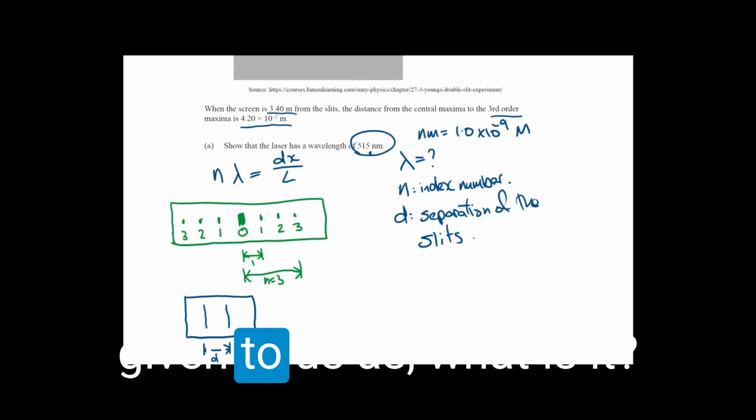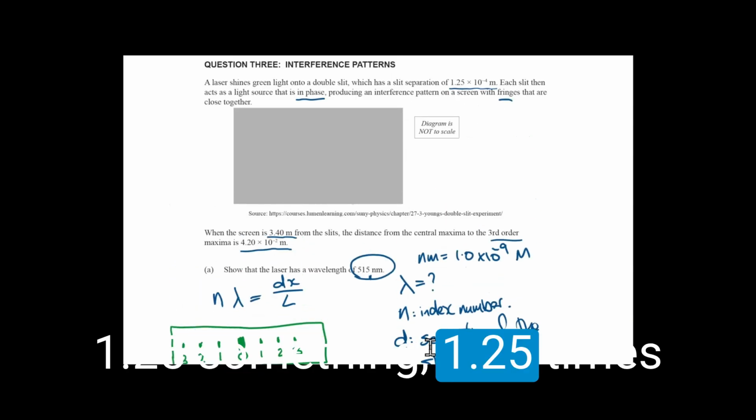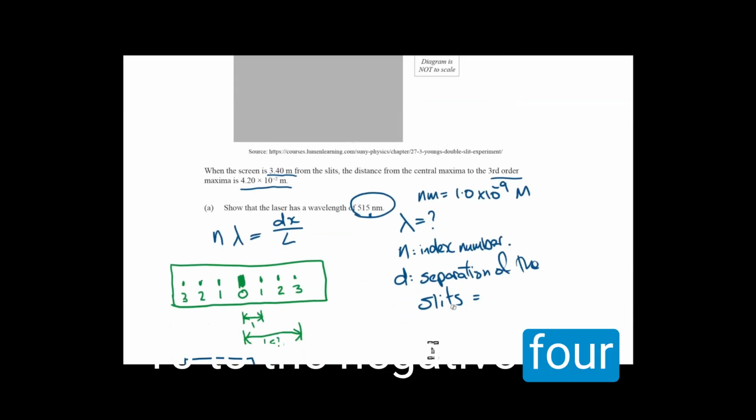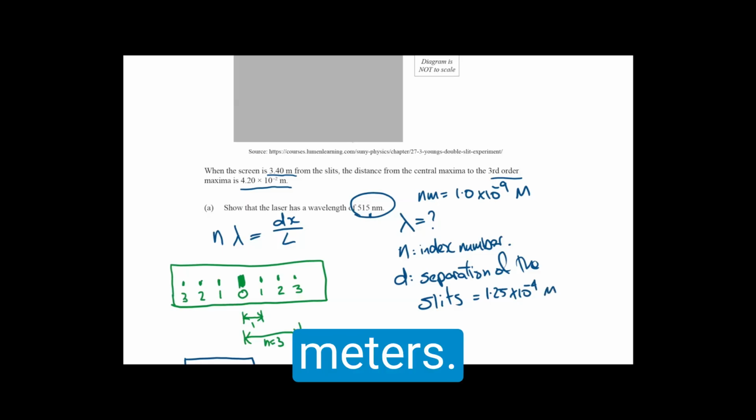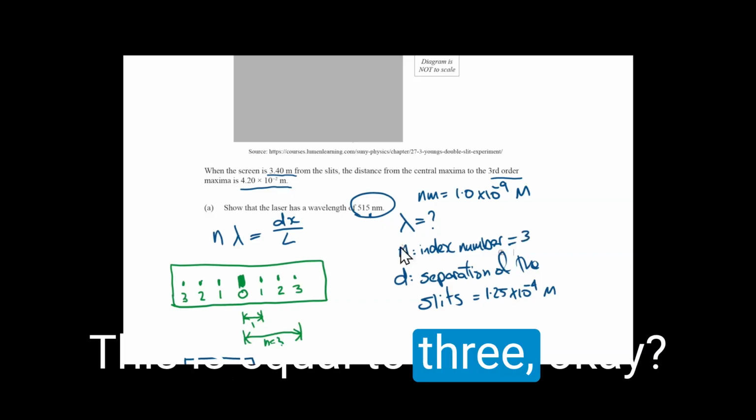And that's given to us as 1.25 times 10 to the negative 4 meters. Okay, n is equal to 3.